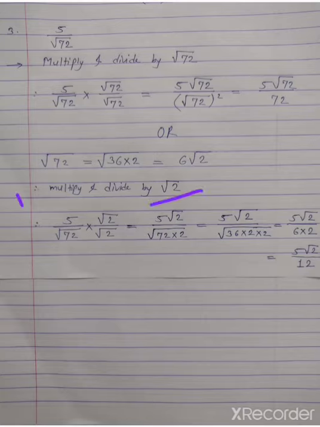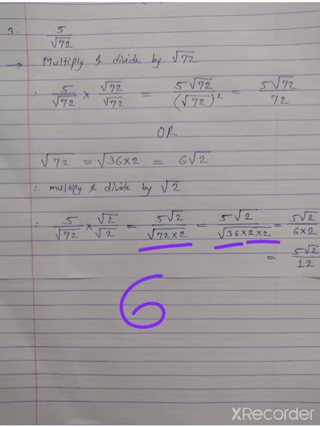Here I just multiply and divide. When you multiply with 5, it will become 5 root 5. The numerator remains as it is, but see the denominator, root 72 into 2. Here I factorize it: 36 into 2. 36 is a square of 6.